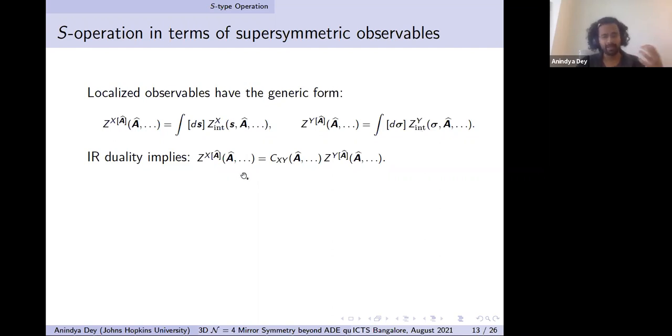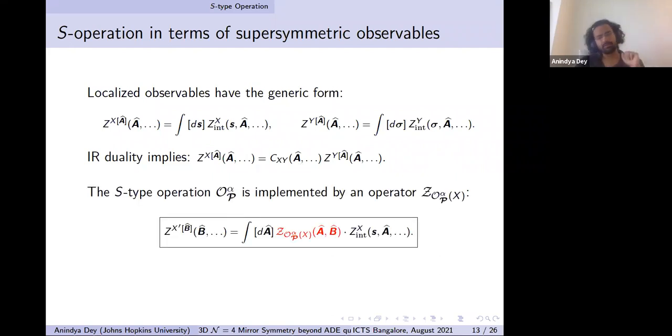Now, IR duality implies that Z of X and Z of Y are related in this fashion, where Z_XY are certain contact terms that depend on these background gauge fields. Now, the S-type operation that I just defined could be implemented at the level of the partition function by simply introducing an operator in this matrix integral, which is given by Z_O alpha P, and it's a function of the background gauge field A hat, which is being integrated, and some new background gauge fields which are introduced.